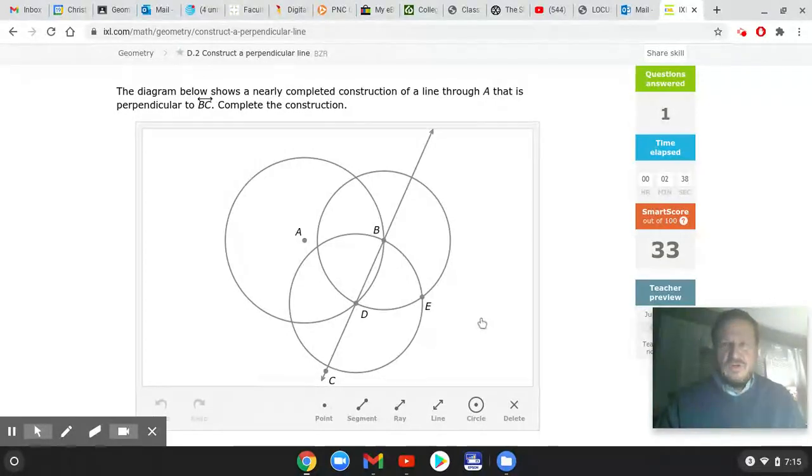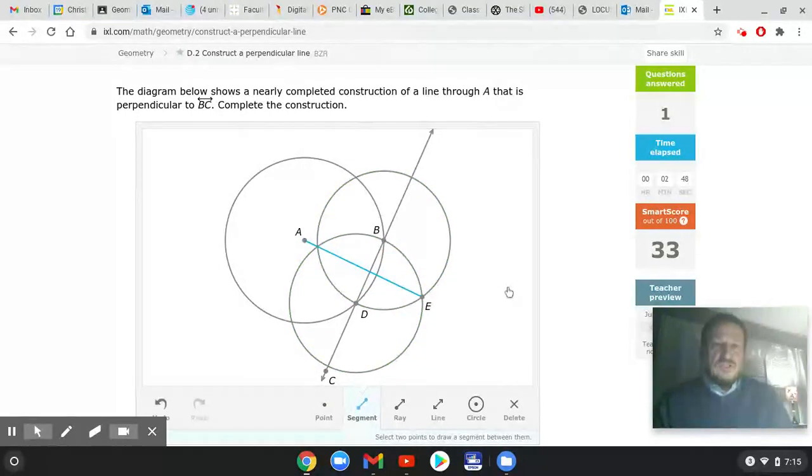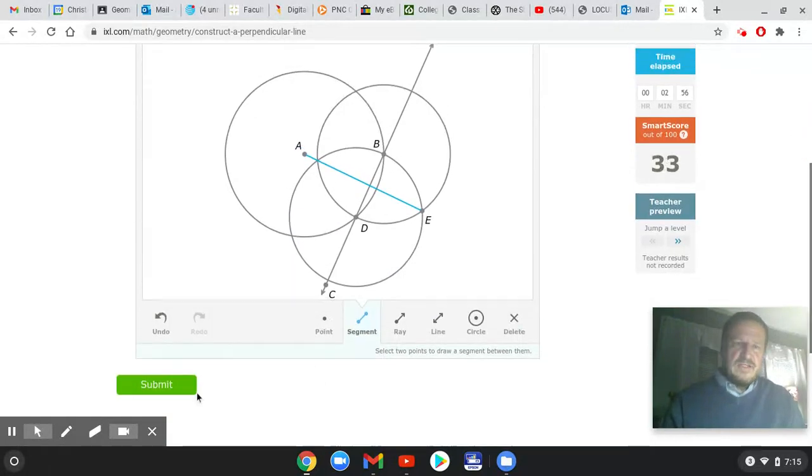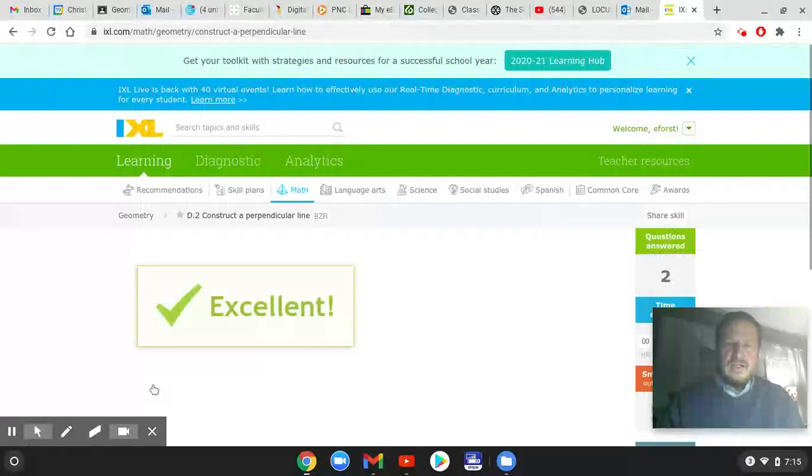So go ahead and hit your segment here, right? You take A and draw it all the way to E and click on E, right? And that should be your line. That does look like it's perpendicular, so we can click on that and be pretty sure that's the case, right? All right, so we're good.